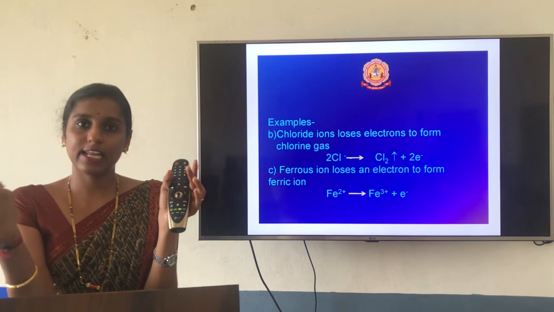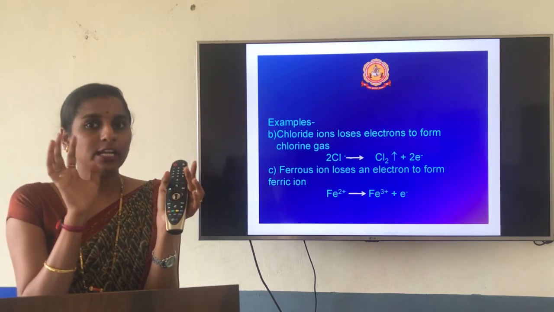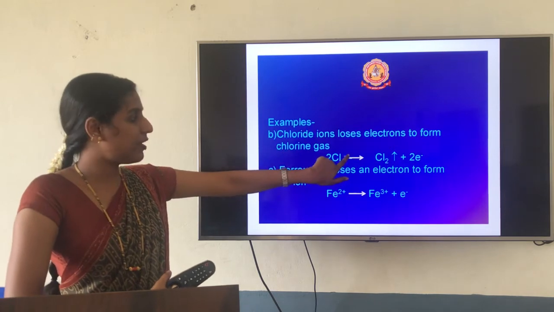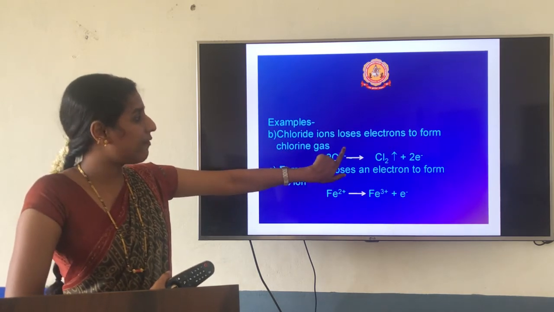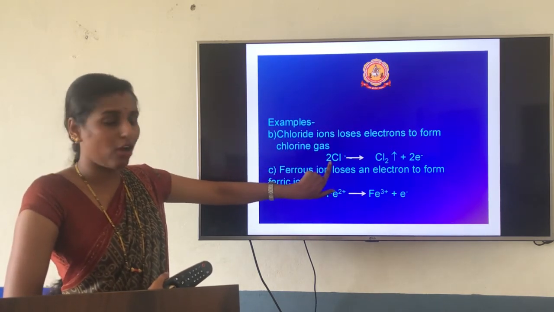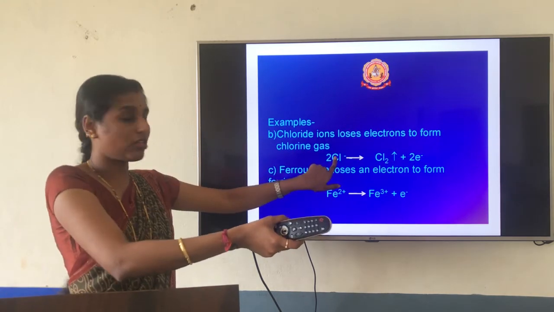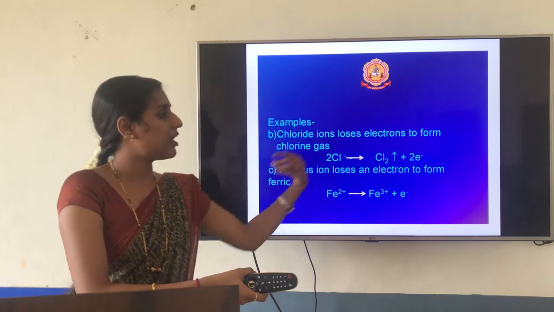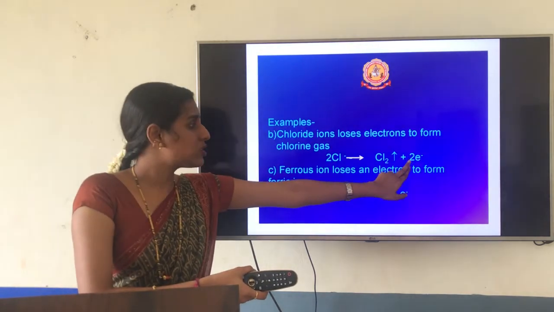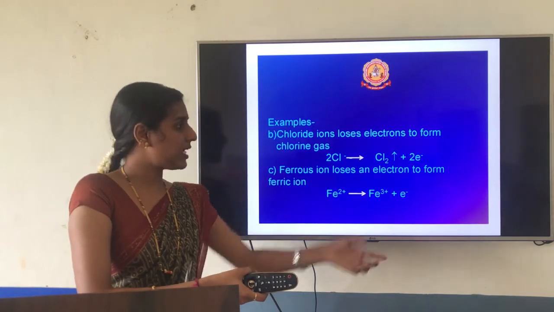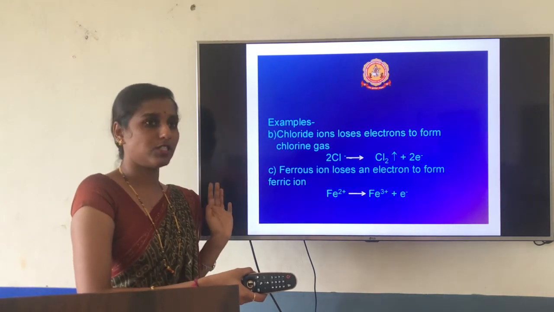When it gains electrons, it gets a negative charge, so formation of an anion takes place. Now it has gained electrons, so it has a negative charge, and we call this chloride ion. Now oxidation is nothing but losing of electrons. Whatever electrons it has taken, it is now giving out. So if electrons are being lost, you are going to call it oxidation.